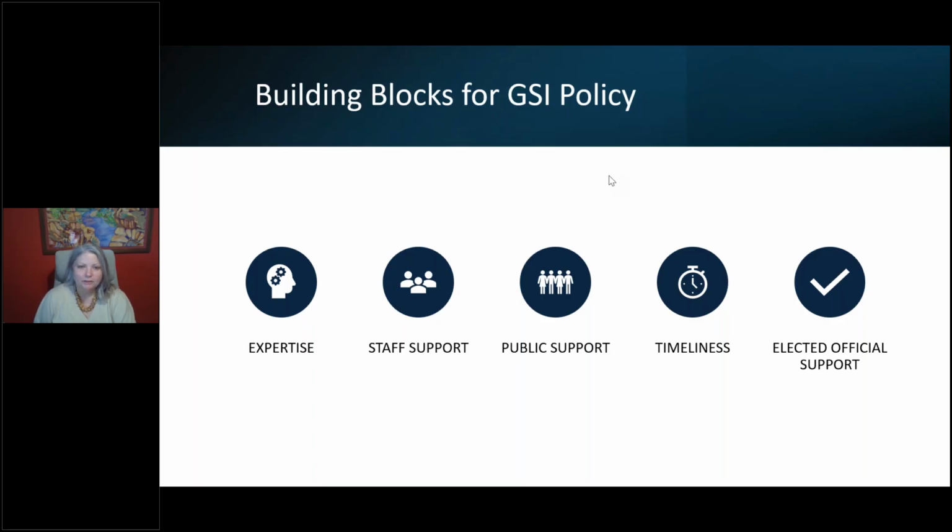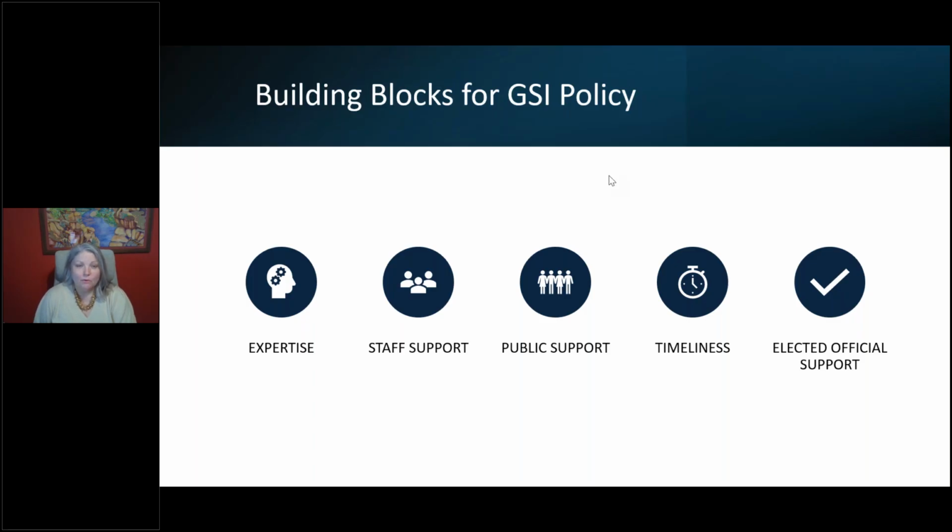And so they jumped on board and really helped us not only think through how to write this policy, but then really helped us with implementation and explaining this to various folks so we could get the support we needed.